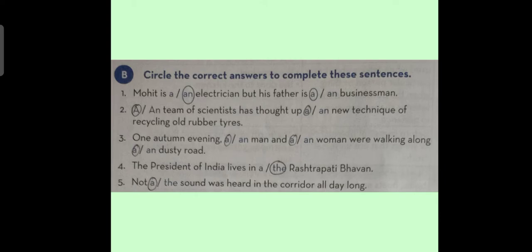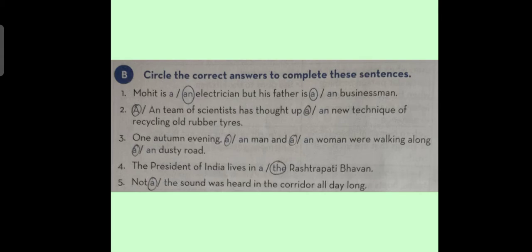But his father is a or an businessman. Businessman is a word which begins with a consonant sound. That's why we will circle a. Sentence number 2. A or an team of scientists has thought up a or an new technique of recycling old rubber tires.